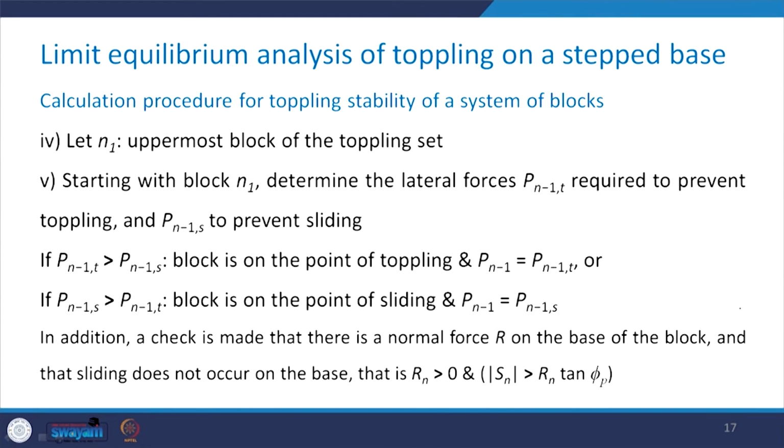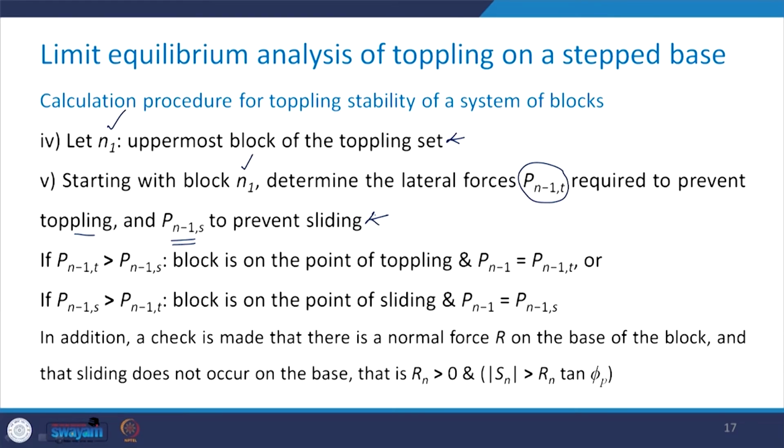Now let us say that N1 is the uppermost block of the toppling set. Starting with the block N1, we will determine the lateral forces Pn minus 1 comma t, which is required to prevent toppling, and Pn minus 1 comma s to prevent the sliding.